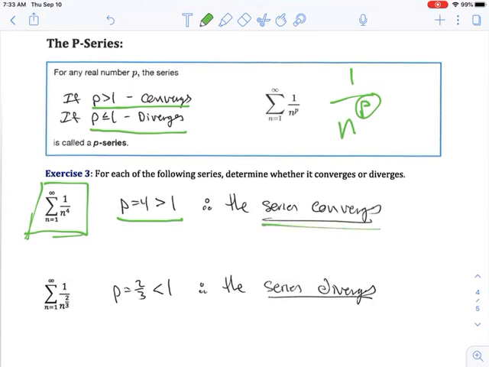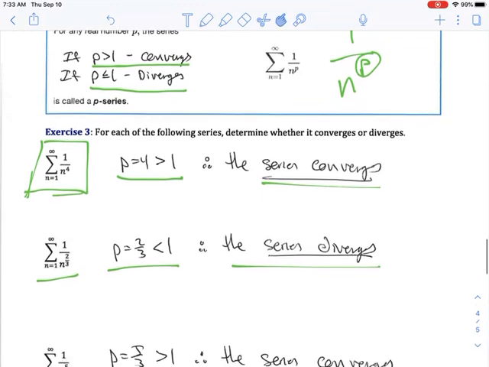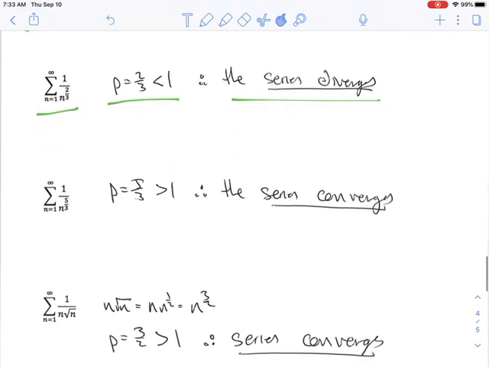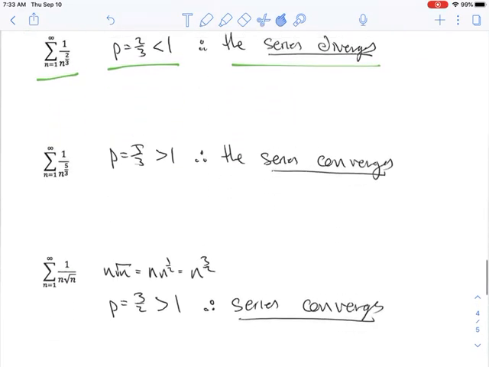The series converges. In the next one, again, by the divergence test, it is 0, inconclusive. We notice that it is a P-series, where p is equal to 2/3, which is less than 1, and therefore the series diverges. And 1 over n to the 5/3, p is 5/3, which is greater than 1, therefore the series converges.